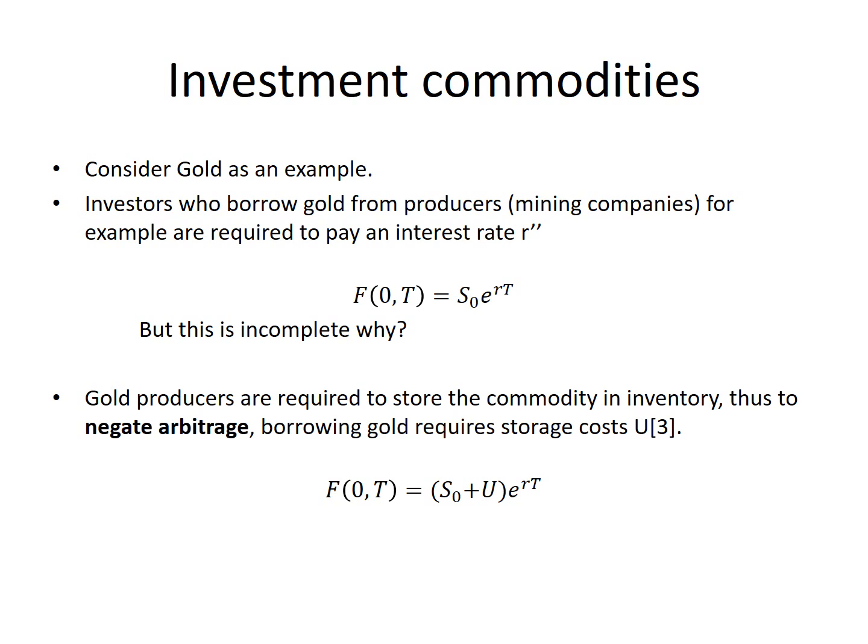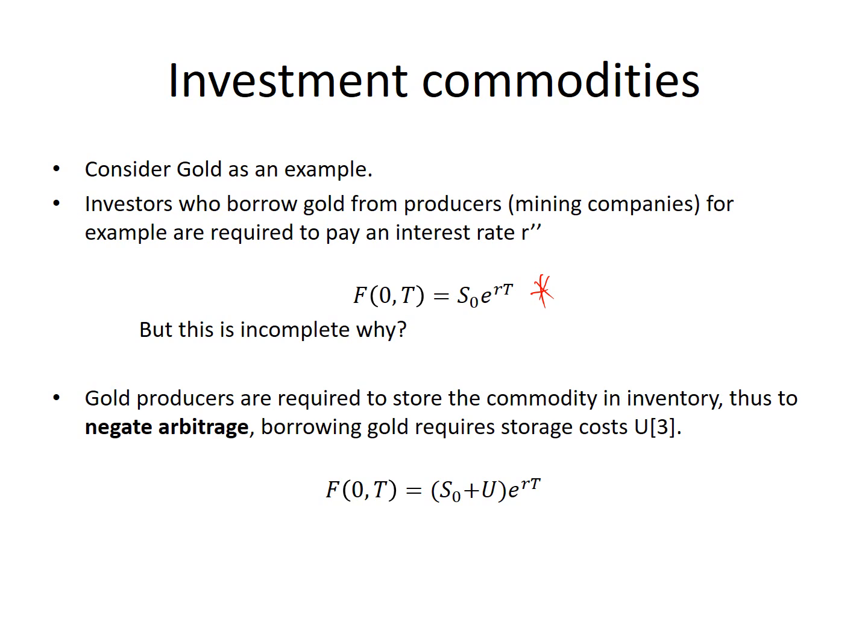And so let's have a look at our basic model to begin with. If you're continuously paying that rate, then our future value will be equal to this value here. However, this is actually incomplete. And the reason why comes down to arbitrage. Gold producers are actually required to store commodity in inventory. Thus, to negate arbitrage, borrowing gold requires storage costs.